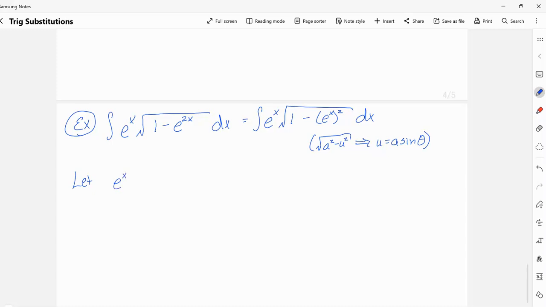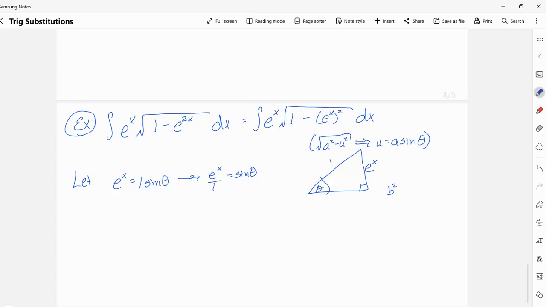So we're going to say e to the x is equal to a, which is 1 in this case, sine of theta. So that means e to the x over 1 is equal to sine of theta. And that's enough to build our triangle. Sine gives us those pieces. We've just got to figure out what this is. That's going to come from the Pythagorean theorem.